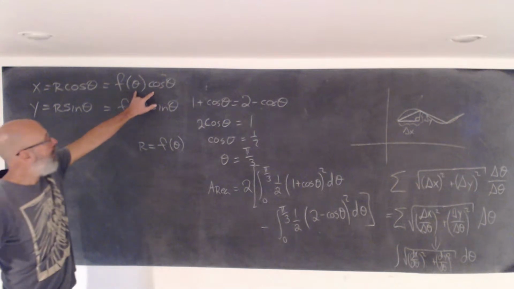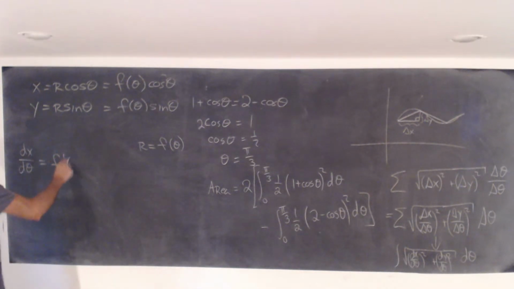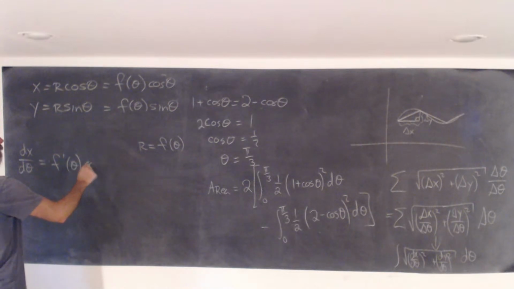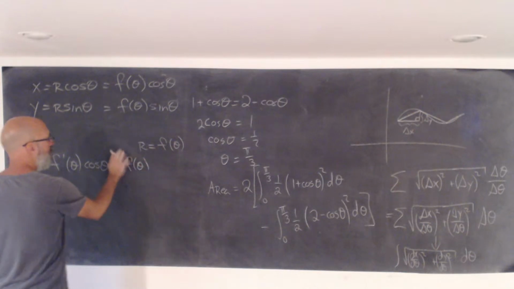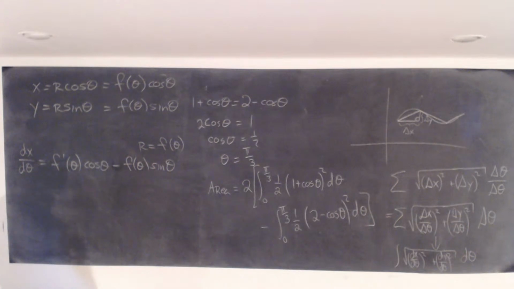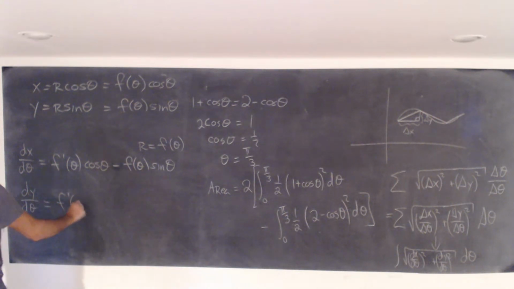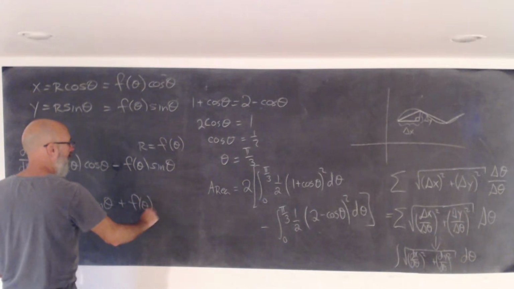Well, it's a product, so the product rule applies. So you get this, and dy/d theta is f prime sine plus f of theta cos.